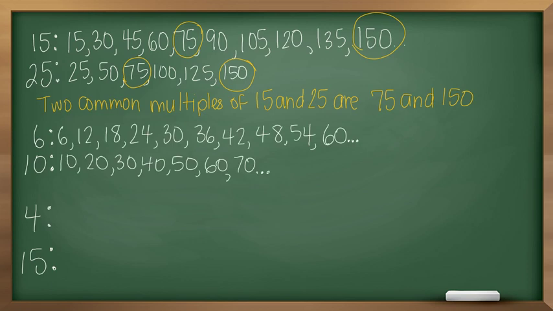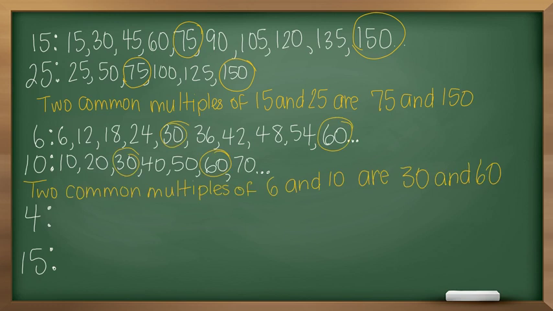So again, we've got a long list of multiples here, and I'm looking for the ones that they have in common. So the first one I pick out is 30. 30 appears in both the multiples of 6 and 10, and then the next one is 60. So the 2 they have in common are 30 and 60. Again, if we kept listing more, we would find more, but we only need to find 2.